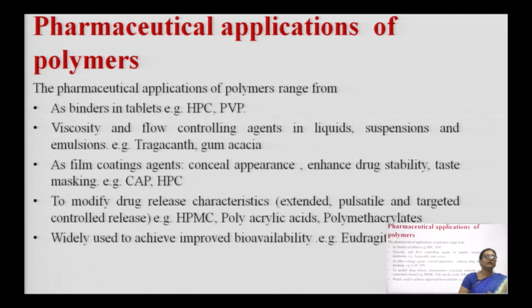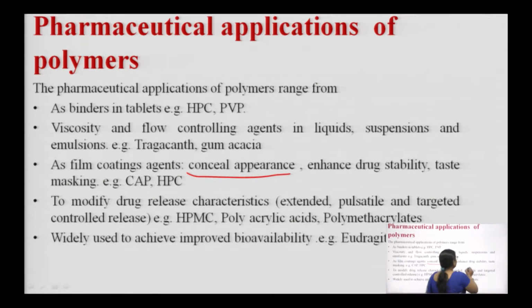We are also familiar with the use of polymers as film coating agents. As film coating agents, polymers may be used for several reasons. Firstly, for concealing the appearance when the product appearance is to be hidden because of its inelegant appearance. In that case, the polymer film will help in concealing the appearance.